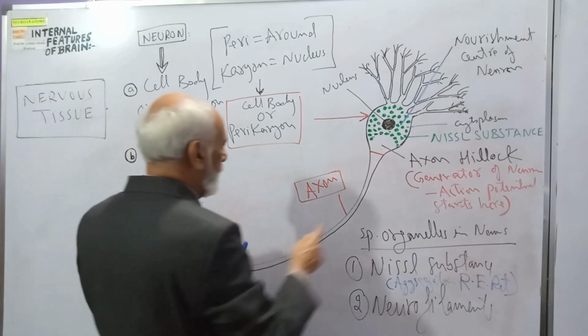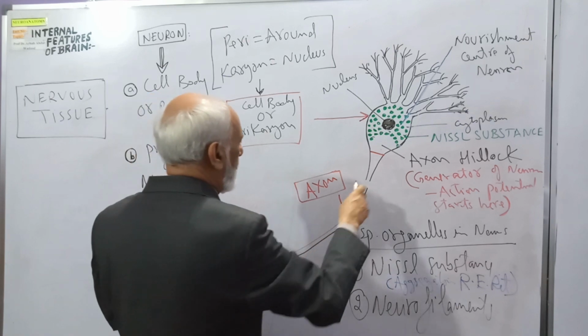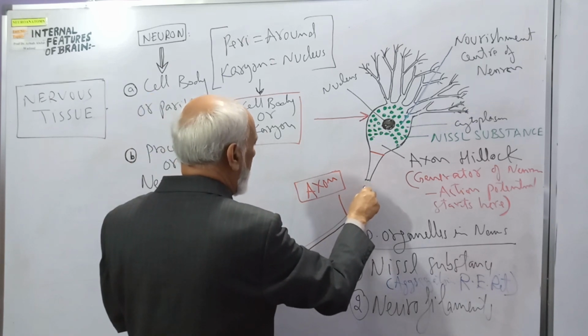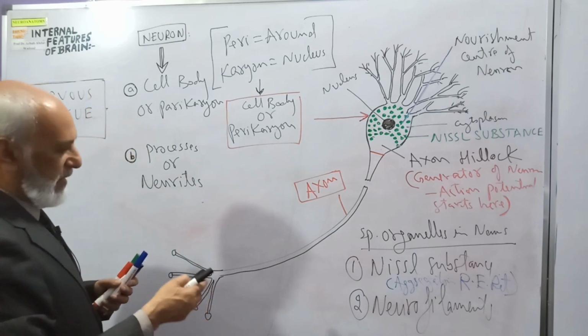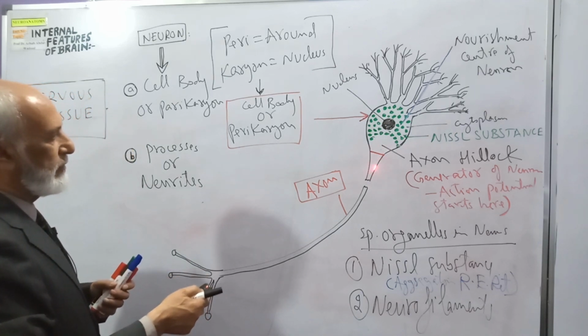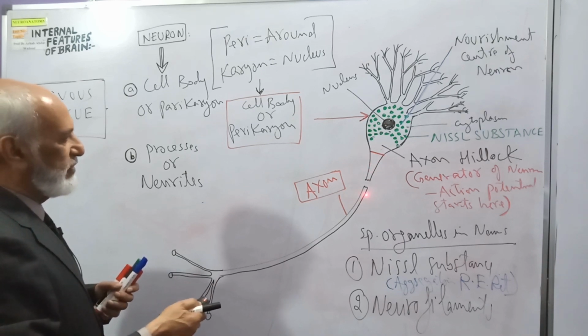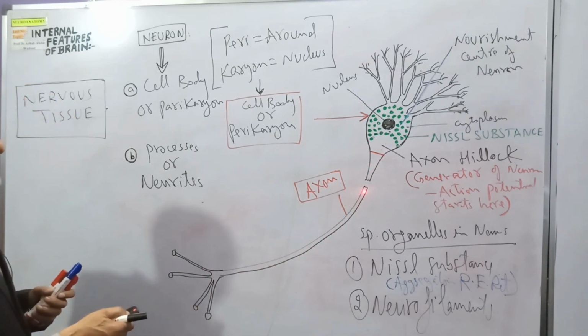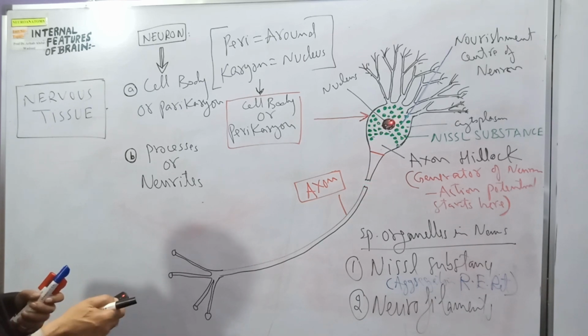Suppose we cut the neuron here, or it is damaged by some trauma. This proximal stem of the axon, the nerve fiber, will receive nutrition and will remain alive. But the distal segment, which is cut, is devoid of nutrition from the nourishment center of the cell body.